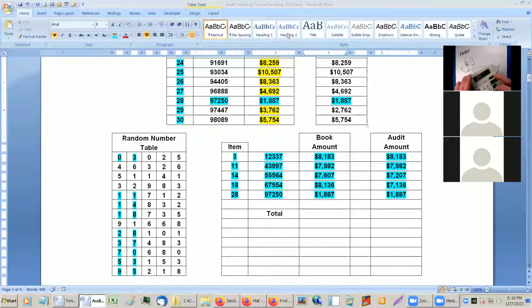You may want to check me on this: 7607. 1887. 33,795. And we're going to do the same thing for the audit side.